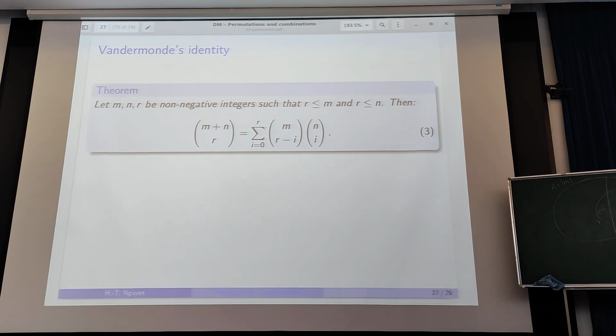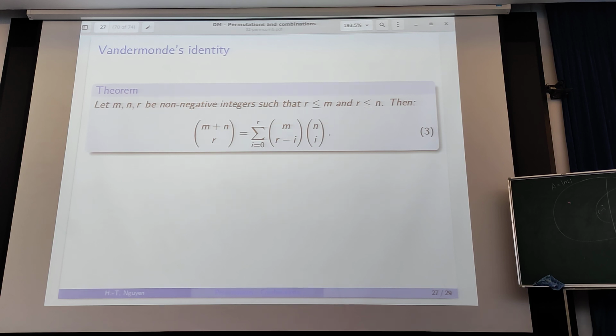If you look at this diagram, then you can see that the number of ways to choose the smaller part of r minus i elements on the right hand side is this, and the number of ways to choose a subset of size i from A is this. So you choose two parts, one after another. Here we apply the product rule, and we get this term inside the sum.